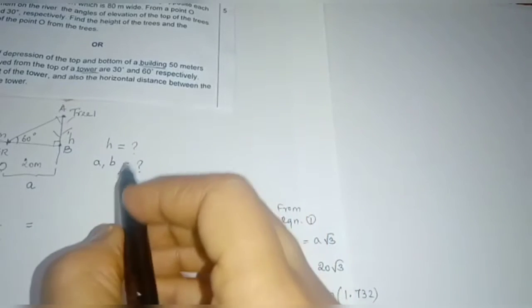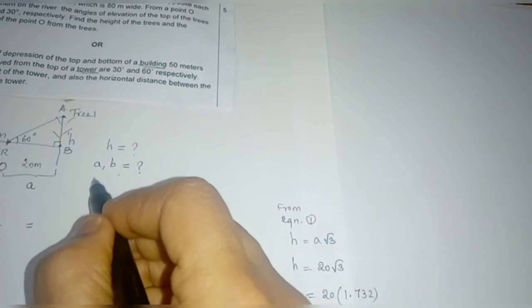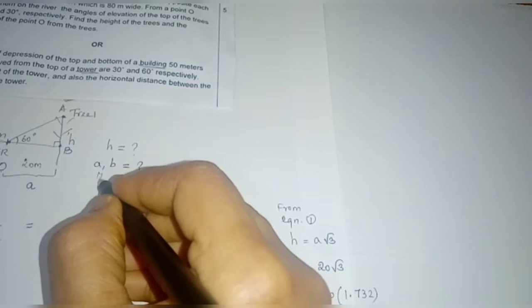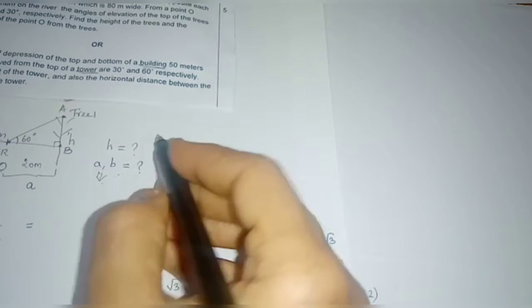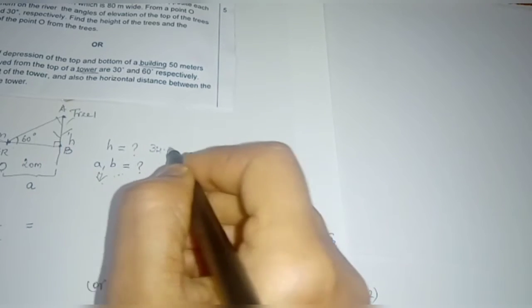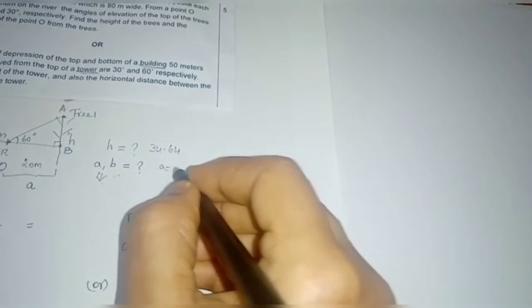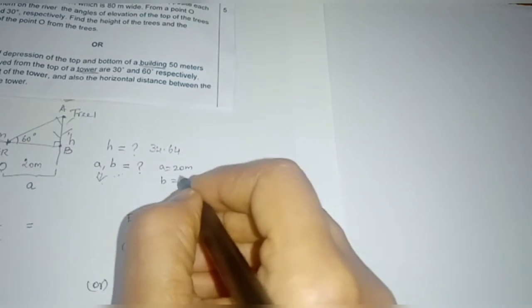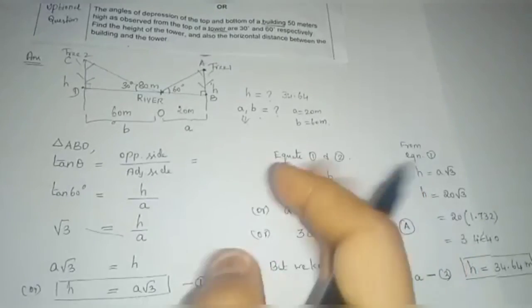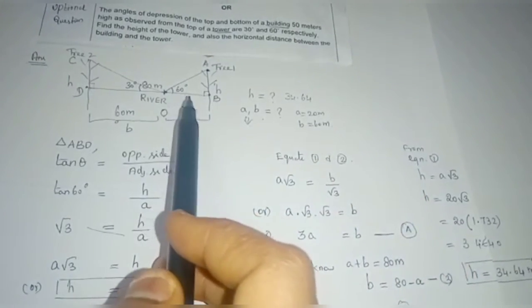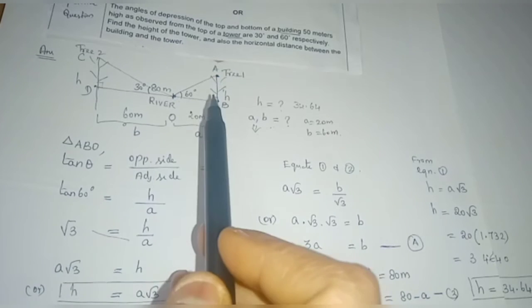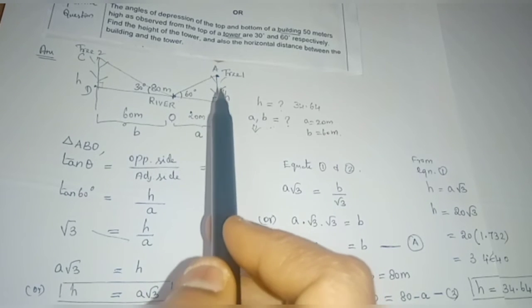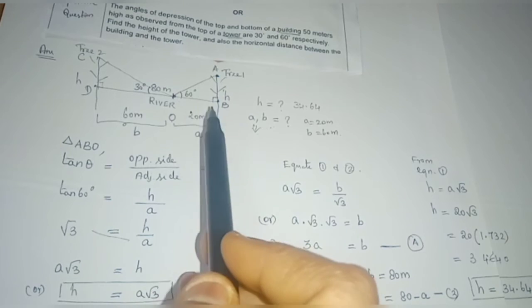So we have found the a value as 20, b value 60, H value 34.64. a is 20 meter and b is 60 meter. Once again I am telling, we have determined a, b, H value using this right angle triangle ABO.